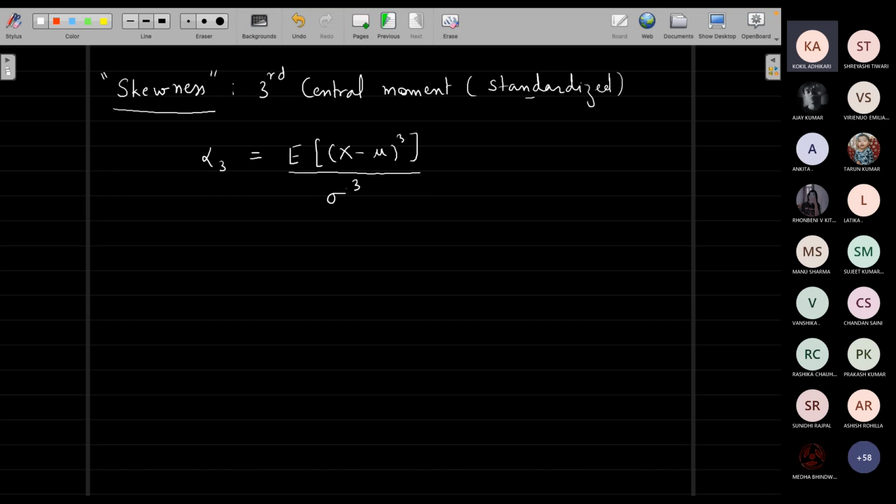Can somebody tell me what happens if I divide by this, where sigma is the standard deviation? Why would I be standardizing or normalizing it by dividing by sigma cubed? Can anybody think of it?